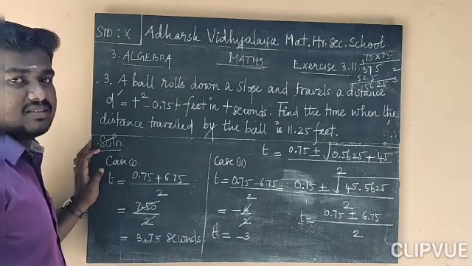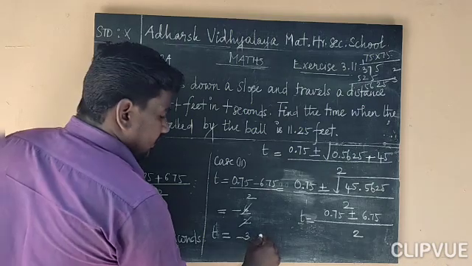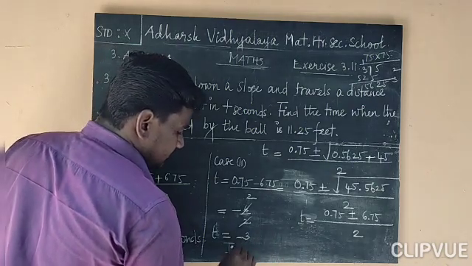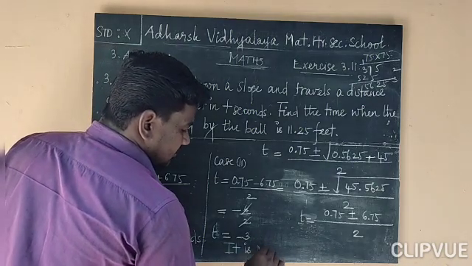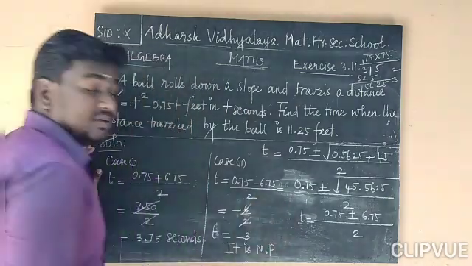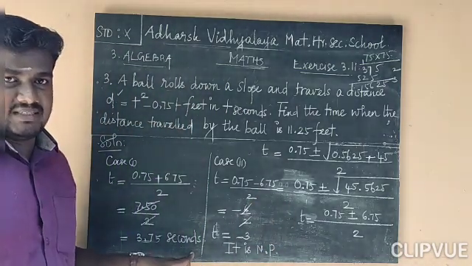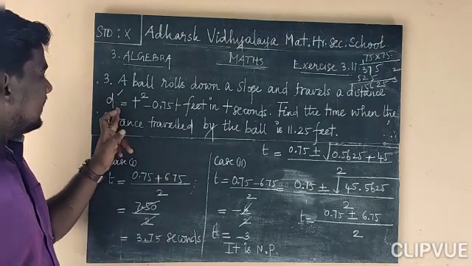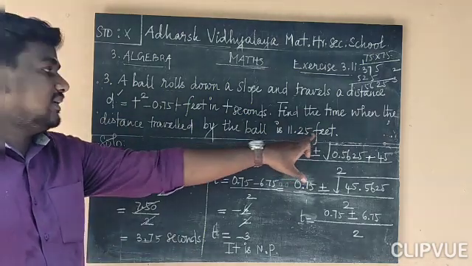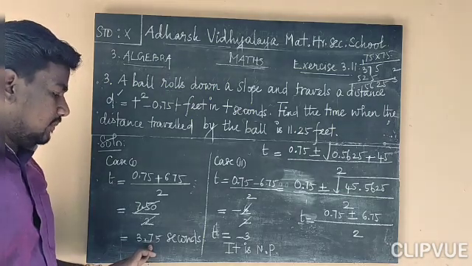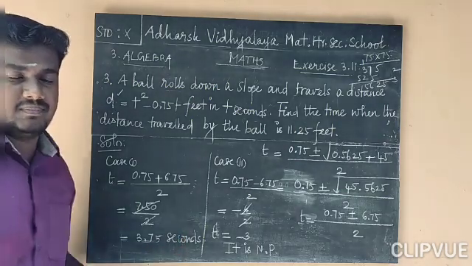Time is always considered as positive. So it is not possible. Therefore, it takes 3.75 seconds. Okay, so if d is equal to 11.25 feet, it takes 3.75 seconds.